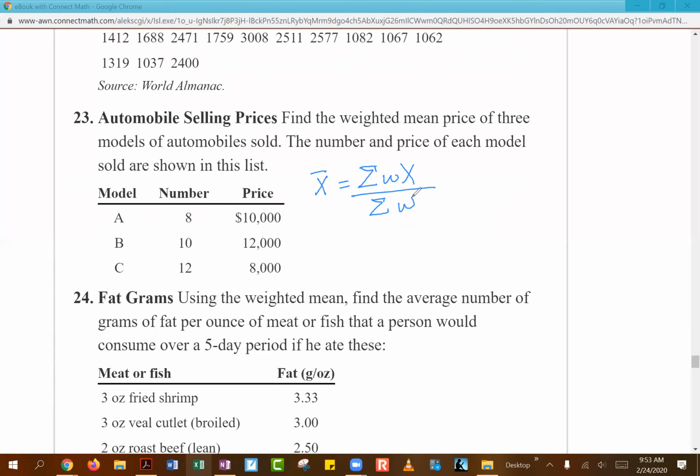So what are you going to put on the numerator? Eight times 10,000 plus 10 times 12,000. Very good. Now that was actually the easy part. What will be on the denominator?